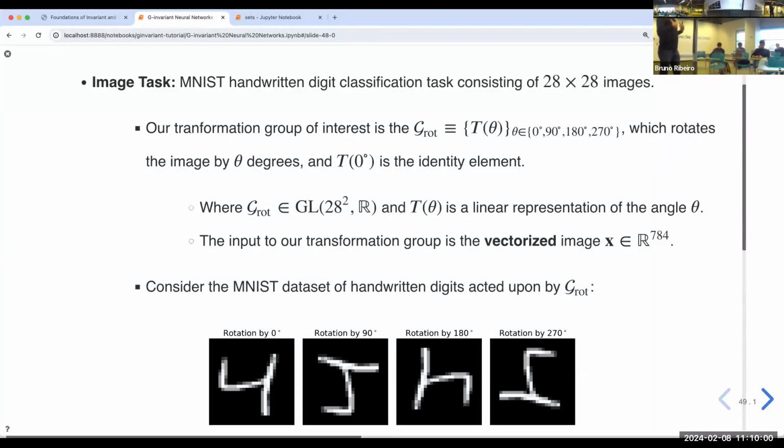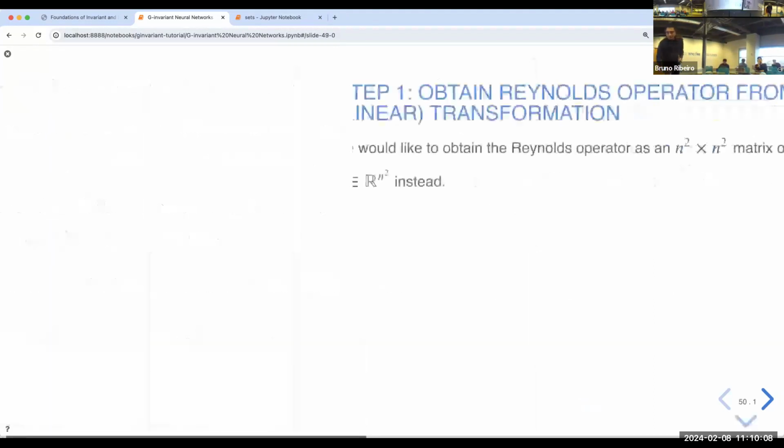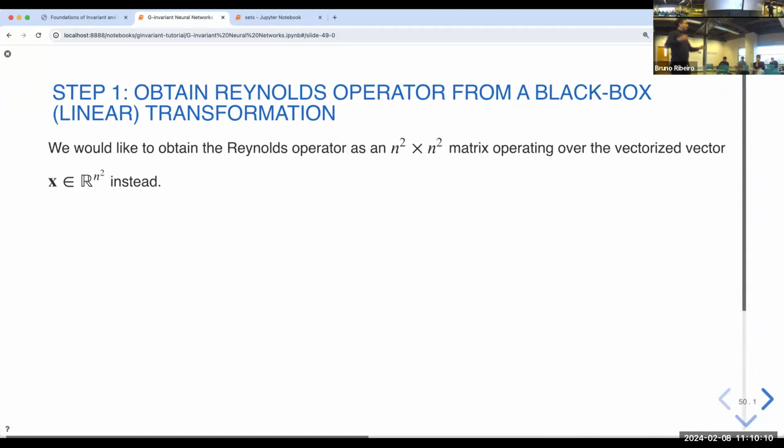I don't want to build the rotation matrices by hand, it's annoying. So what I am going to do is use a black box, NumPy rotate, and identify what linear transformation NumPy rotate is doing to the matrix. Any black box linear transformation, you can do this. It's very simple.